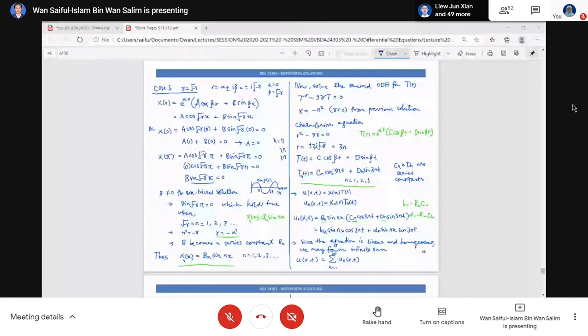Now, since this solution is in the form of a series, we have a lot of values. The superposition theorem says that because the equation is linear and homogeneous, we may form an infinite sum of all the solutions. We can make all these solutions into one sum function.